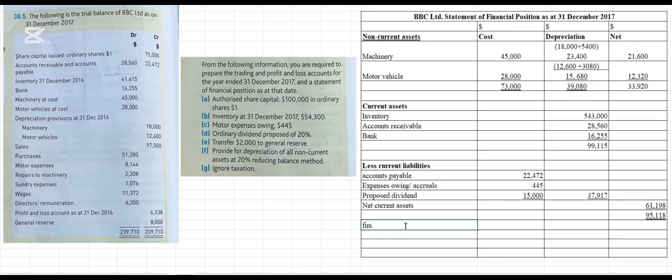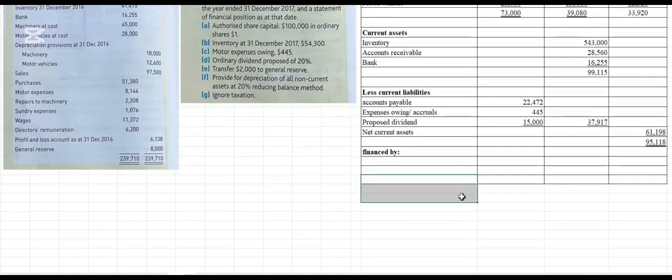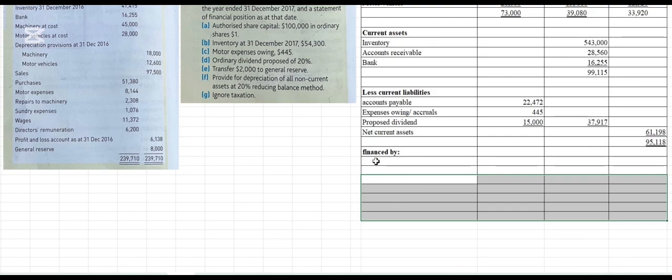Now we're going to go to the financed by section. So you could either record it as a financed by section, or you could refer to it as your equity and shares section.